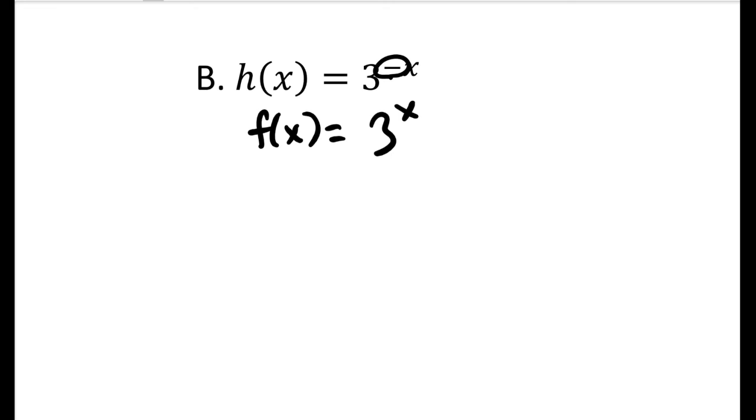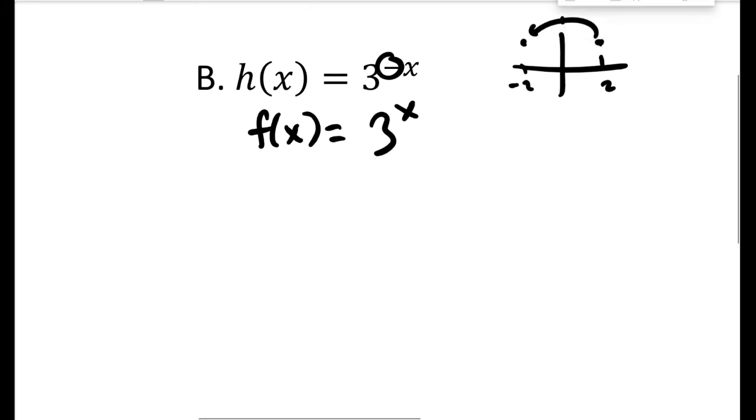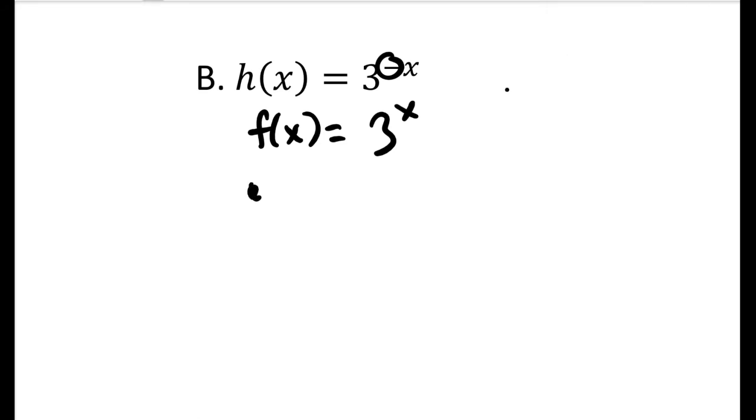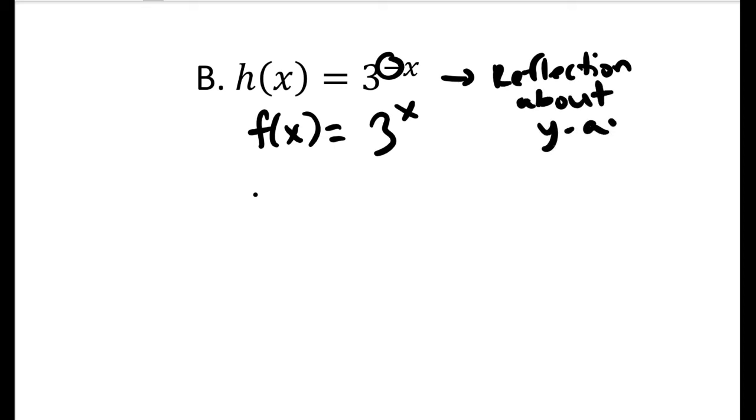So if x were 2 and you made it negative 2, that means you flipped it about the y-axis. So this is a reflection about the y-axis.